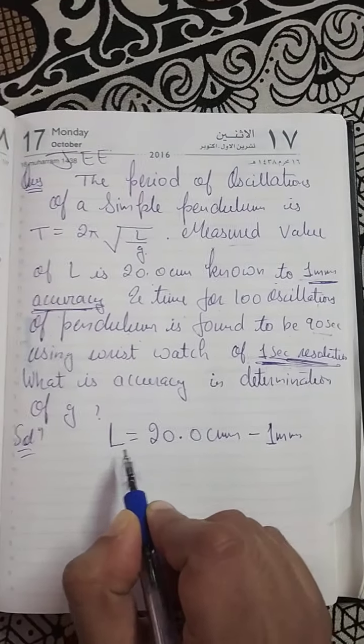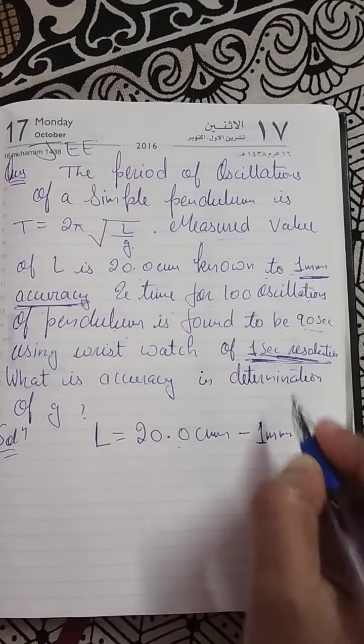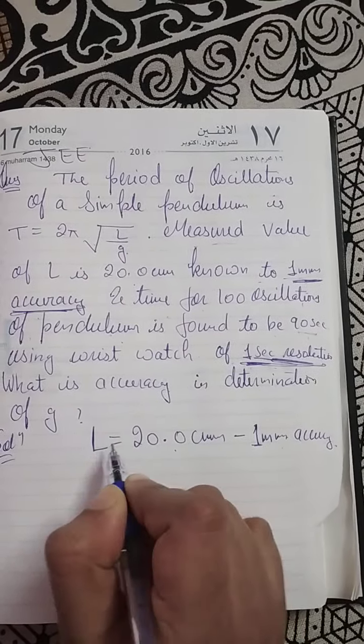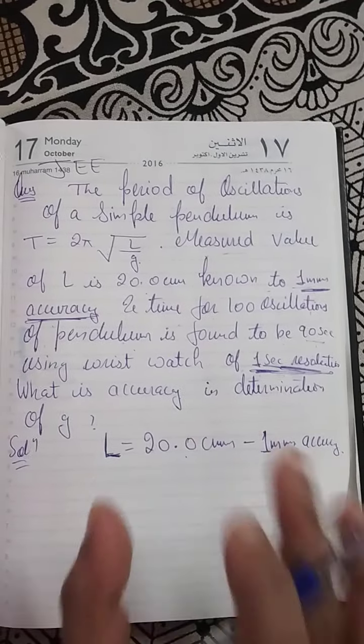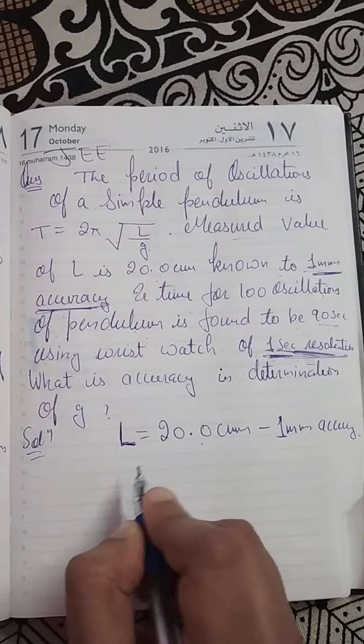The solution: L is equal to 20 centimeter, with 1 millimeter accuracy. Look students, the actual length is 20 centimeter, with 1 millimeter accuracy they have given. What do you mean by 1 millimeter accuracy?